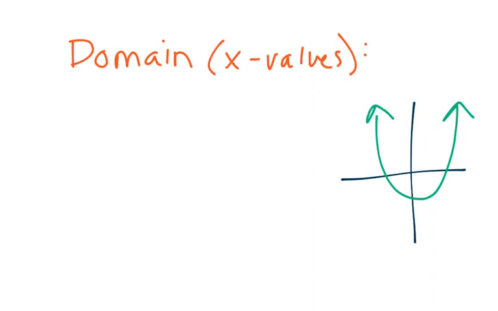It turns out that this graph is going to go on forever in the direction here all the way to negative infinity. It's also going to go on forever in this right direction. And so in that case, our domain is going to be from negative infinity to infinity.